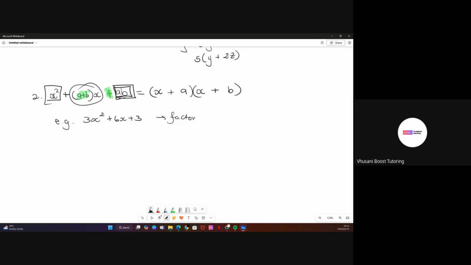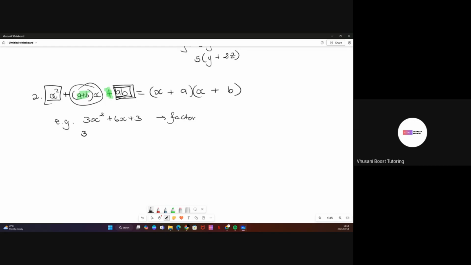What would be the first thing we are required to do? Anyone wants to answer this? Divide by 3, or in other words, you can take out a common factor of 3. That's 100% correct.